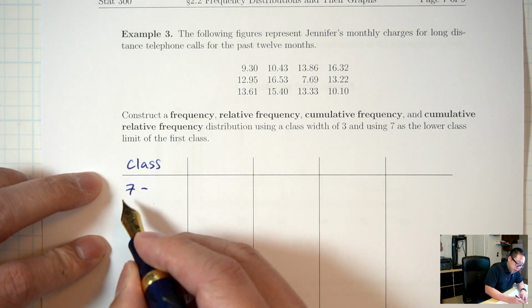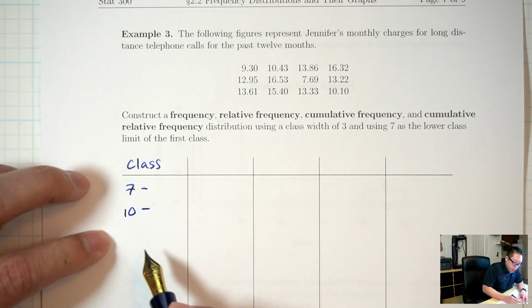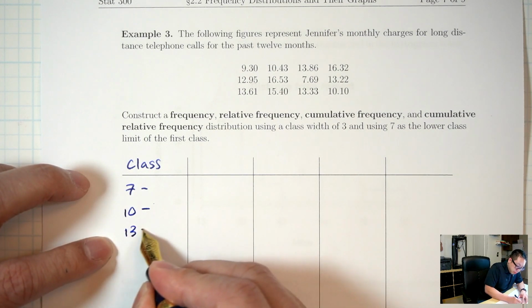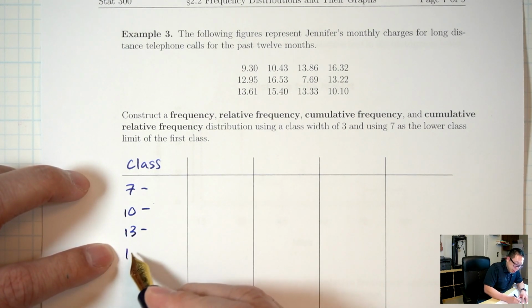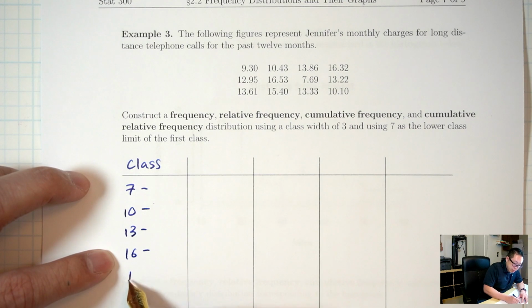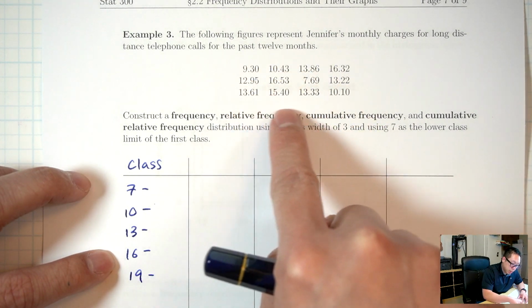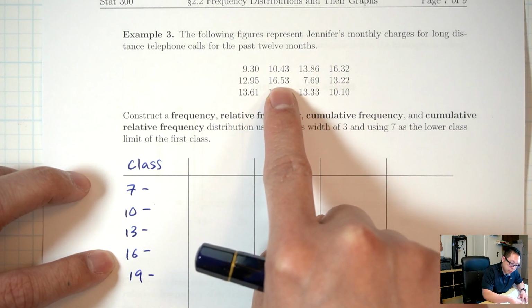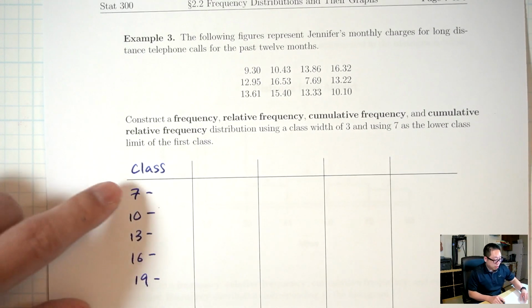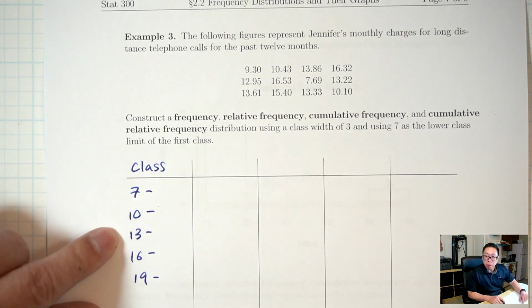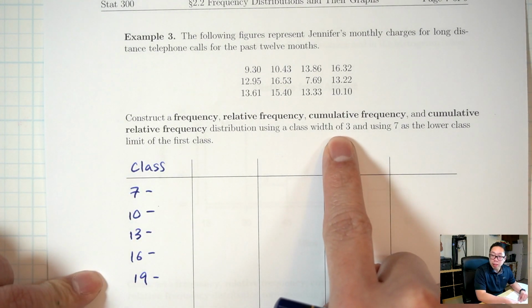So 7 plus 3 is 10, plus 3 again is 13, plus 3 again is 16, plus 3 again is 19, and I don't need to go any further because my data tops out at 16.53. My lowers are going up by 3, the class width.